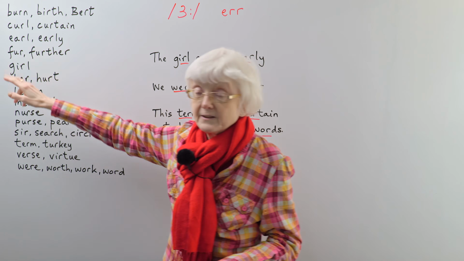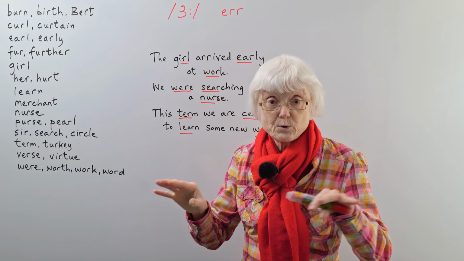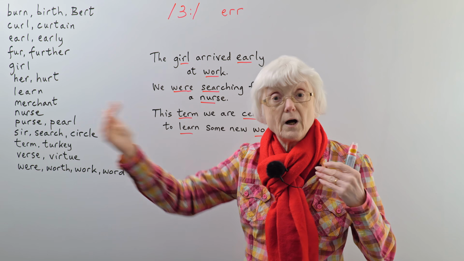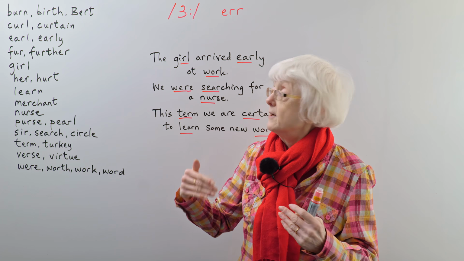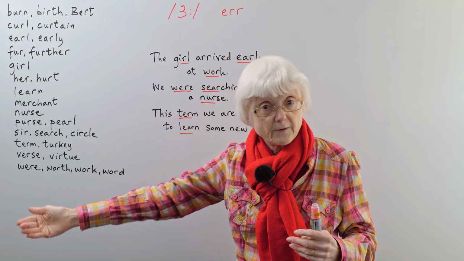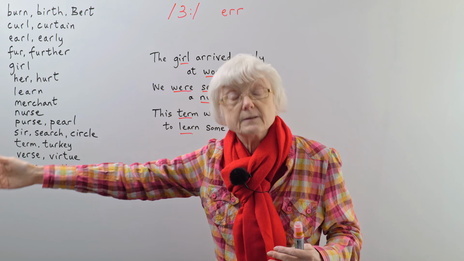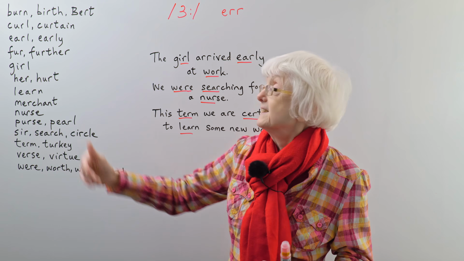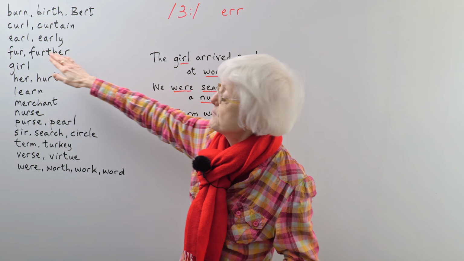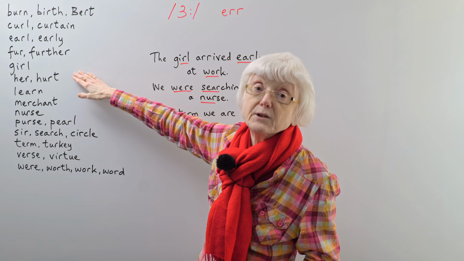So fur that you find on a cat or a dog, their hair is called their fur. And further is, you know, the word far for the distance, far, and then the comparative form is further. You will go far, but you could go further, even more far. Okay, but the word is further.